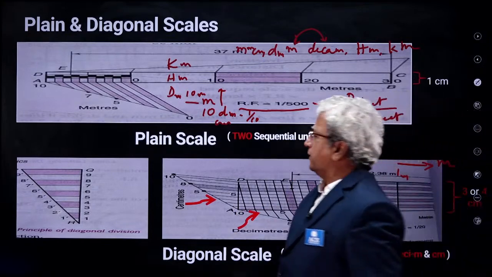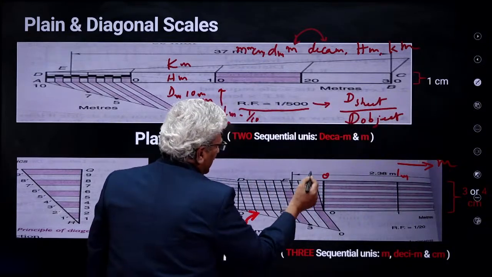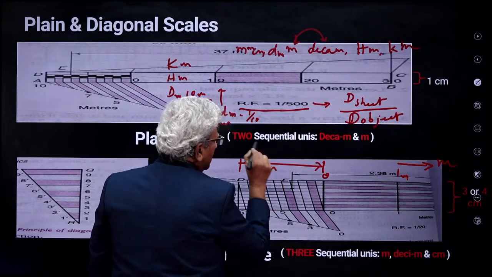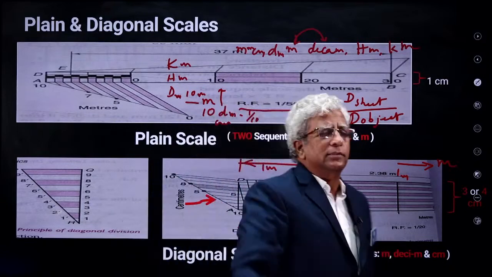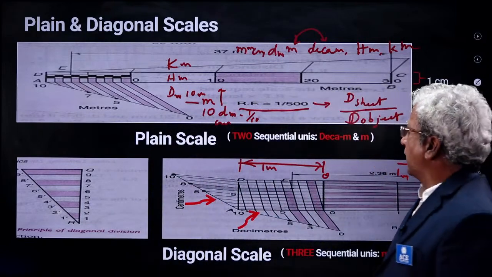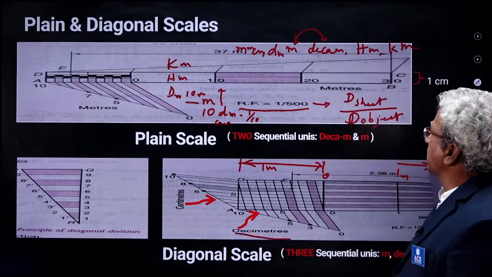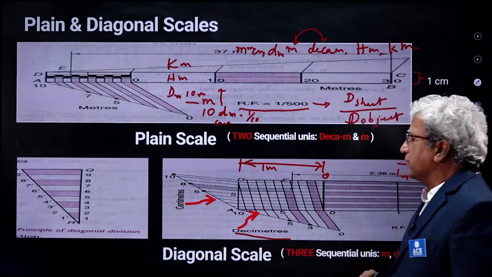Fraction of a meter, here I will represent. From here to here is also 1 meter, but I divide this into 10 parts. When I divide this into 10 parts, each part becomes 1/10 of a meter, decimeter.